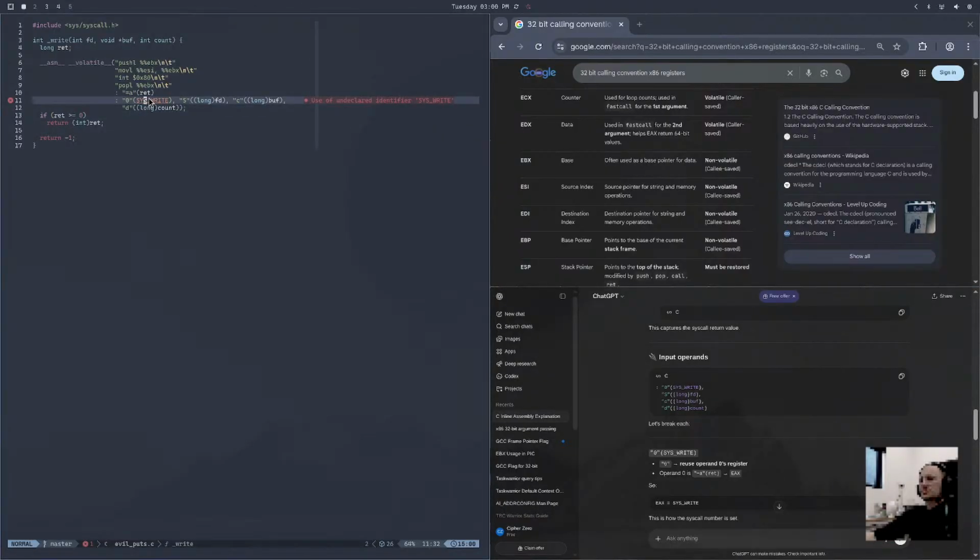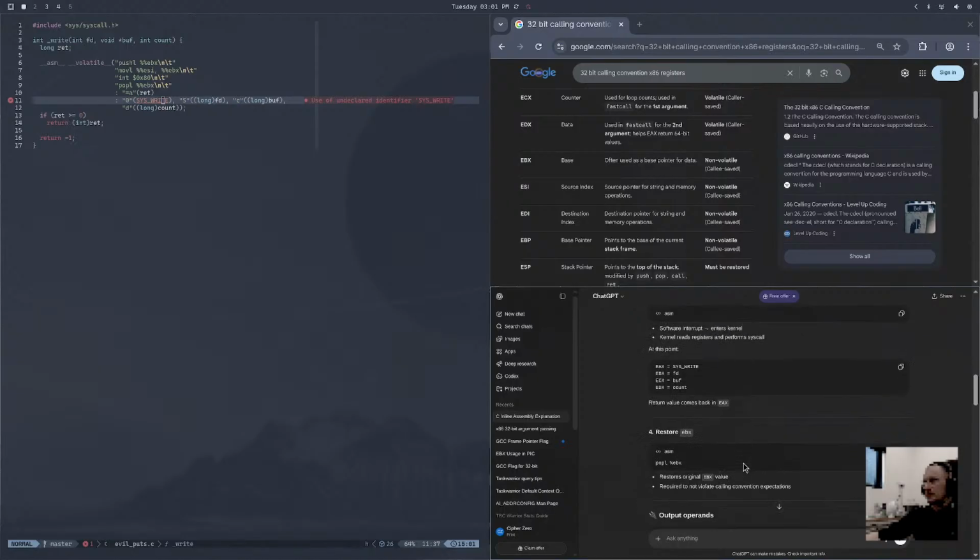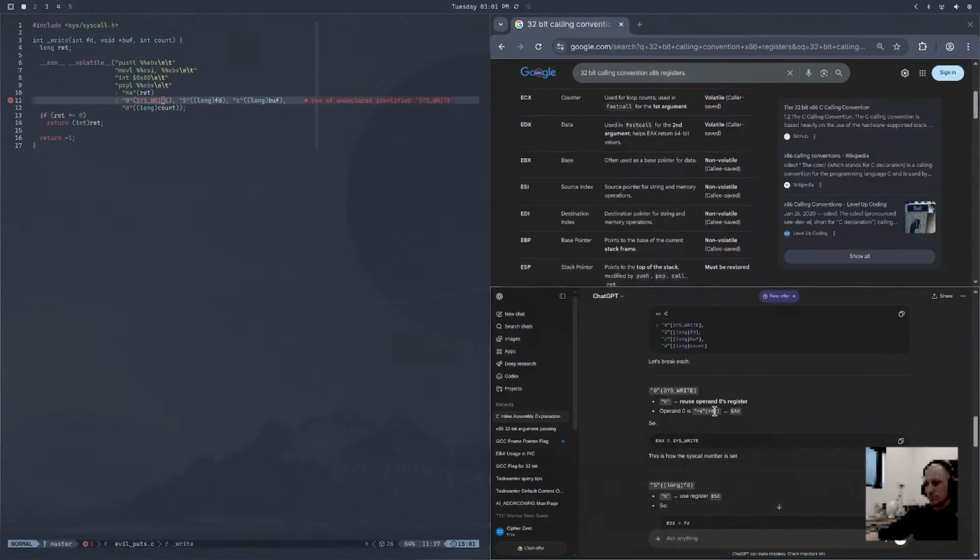If I go to definition here, syswrite is not declared. Oh, it's lowercase write.